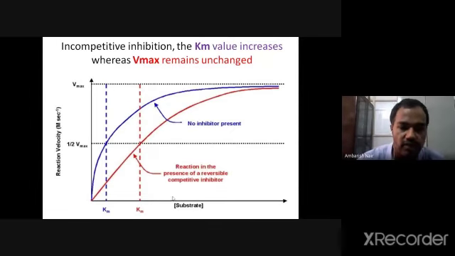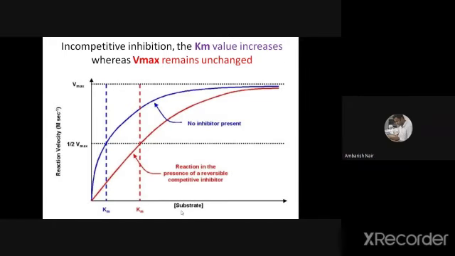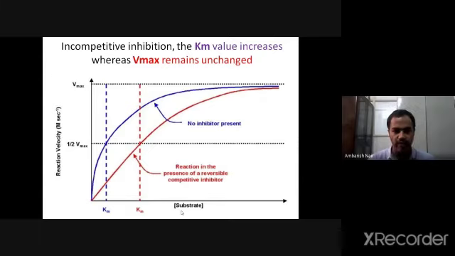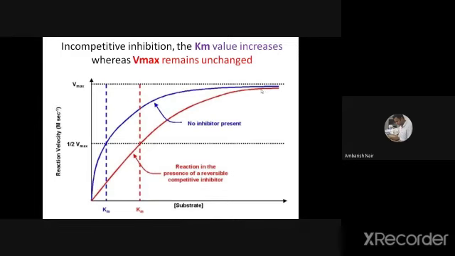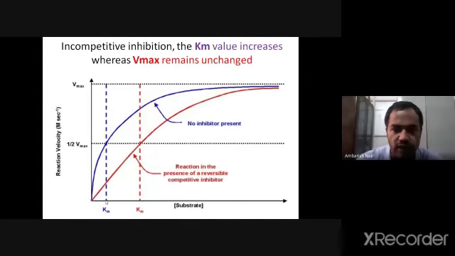If you plot a graph of the rate of a reaction versus substrate concentration, we do it in a Michaelis-Menten graph. Please have a look at this graph. The blue rectangular hyperbolic curve shows the natural reaction of enzyme with substrate.